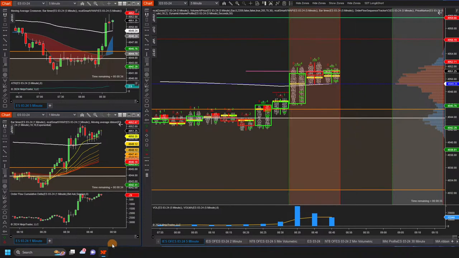The 15-minute range is coming to a close here pretty quick.